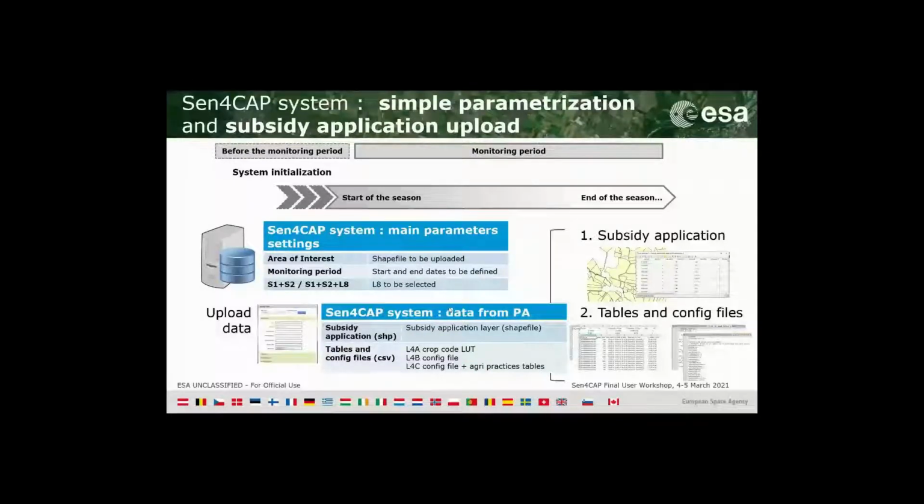And if you want to use the more advanced processors, so the crop type mapping, the grassland mowing detection, and the practices monitoring, you also have to upload additional tables to give some information to run these processors. So that's for the operation of the system.